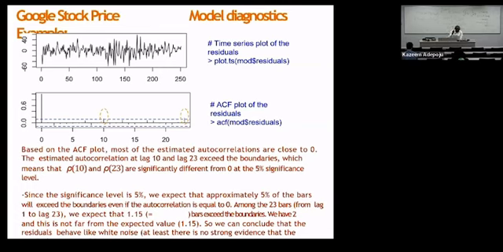Now I said, based on the ACF plot, most of the estimated autocorrelations are close to 0, okay? The estimated autocorrelation at lag 10 and at lag 23 exceeded the boundary, right? Which means the autocorrelation at lag 10 and at lag 23 are significantly different from 0. Does that make sense?